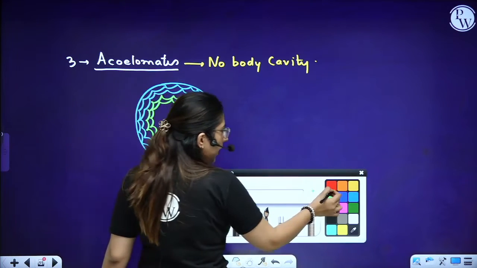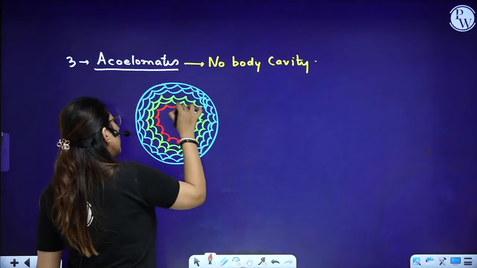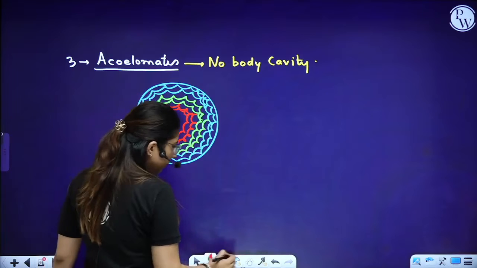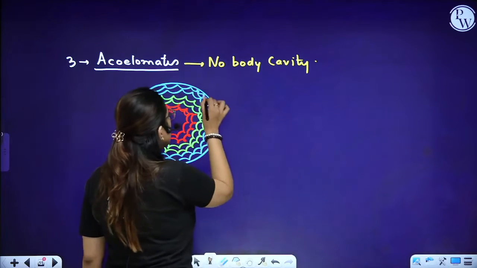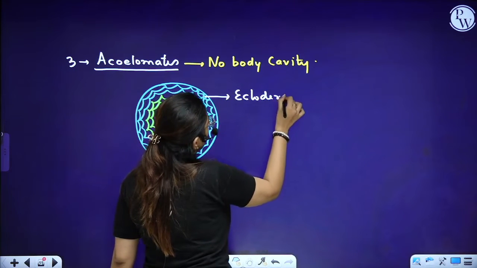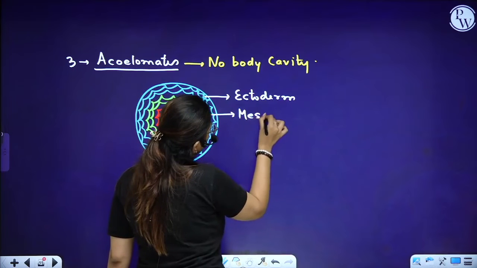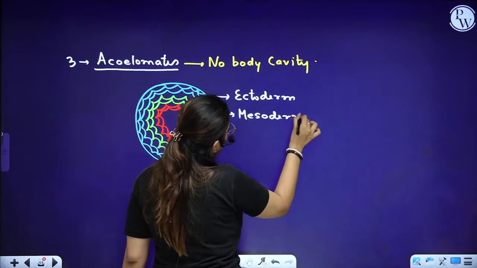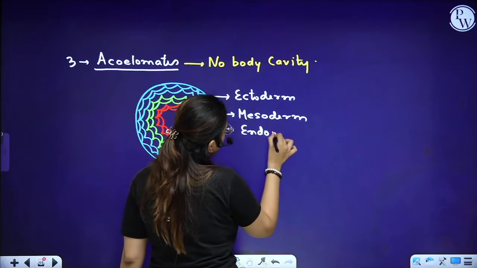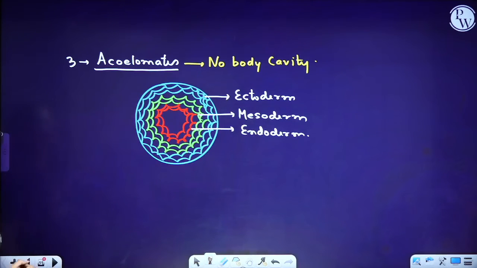And the last one we have is the endoderm. So let's label ectoderm, the mesoderm, and this is the endoderm. Three layers: ectoderm, mesoderm and endoderm.